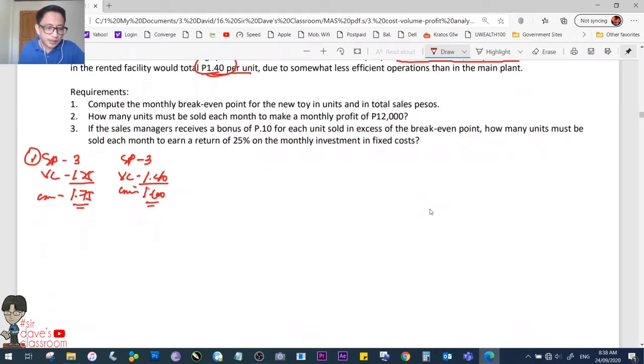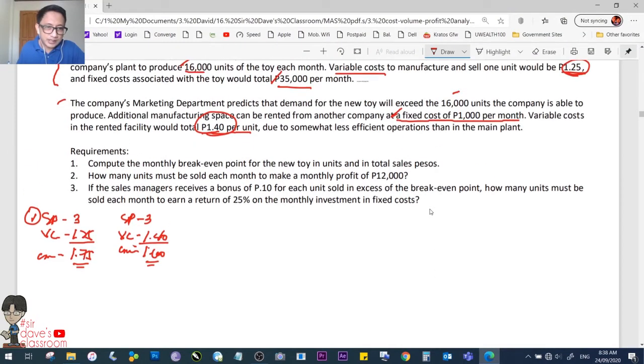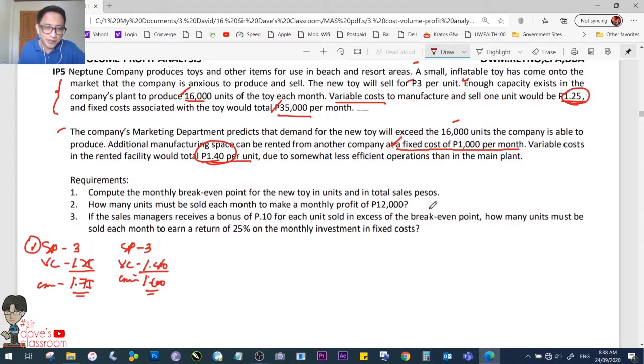So if you expect to produce more than 16,000 units, medyo may komplikasyon ng konti. Why? Because this figure would be the contribution margin on the first 16,000 units. And this one would be the contribution margin on units above the 16,000. So there's a little bit of complication. Konti lang naman.